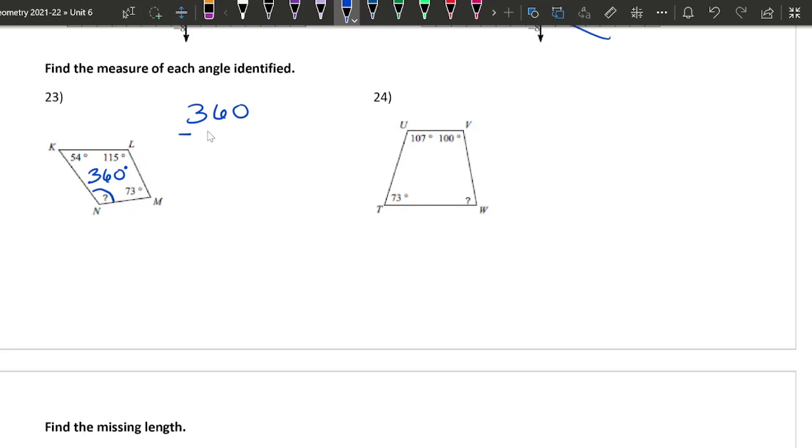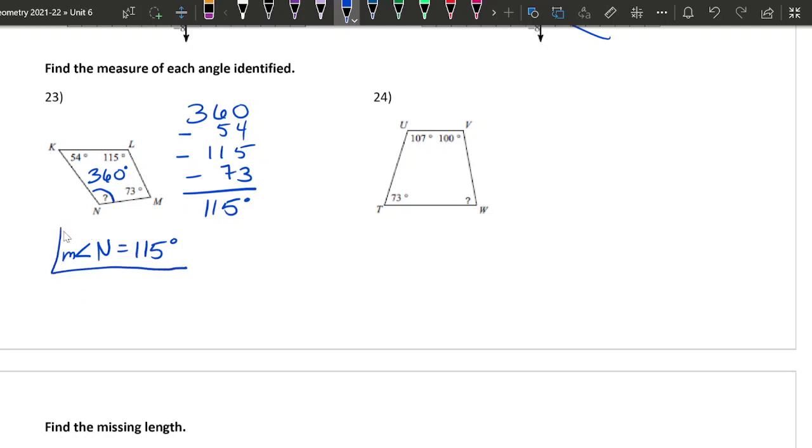So 360, subtract 54, subtract 115, subtract 73, and that leaves me with 115. All right, so the measure of angle N equals 115 degrees, which actually makes this a kite.